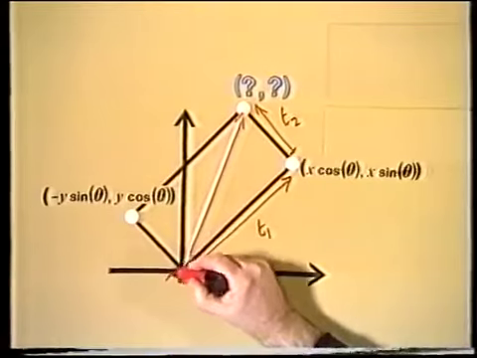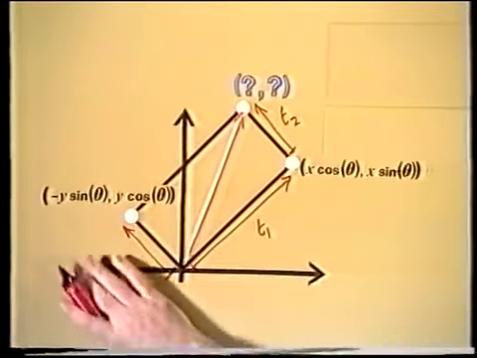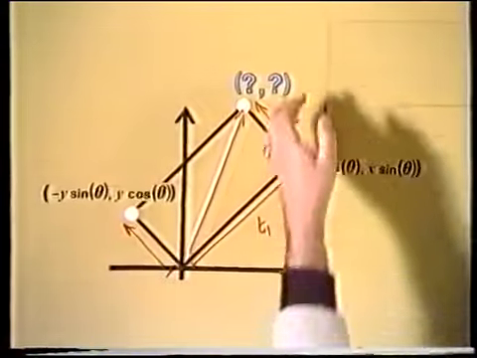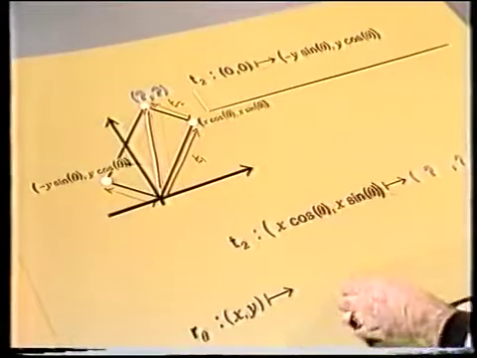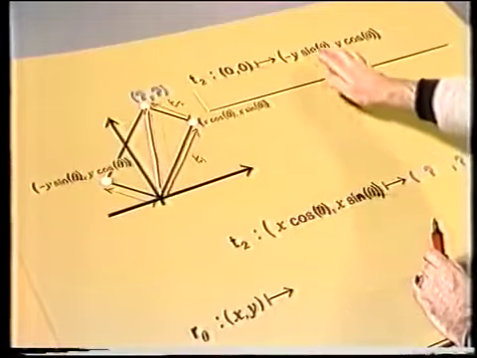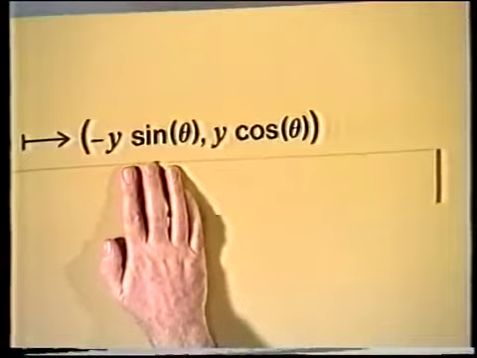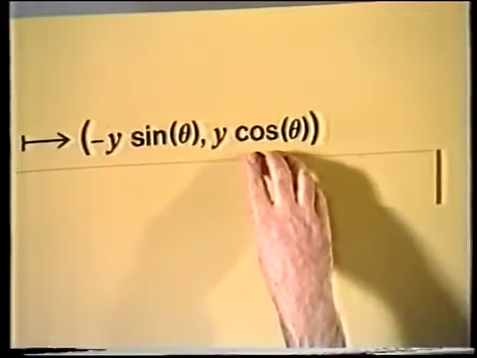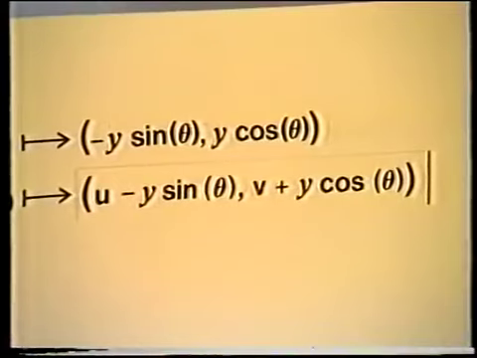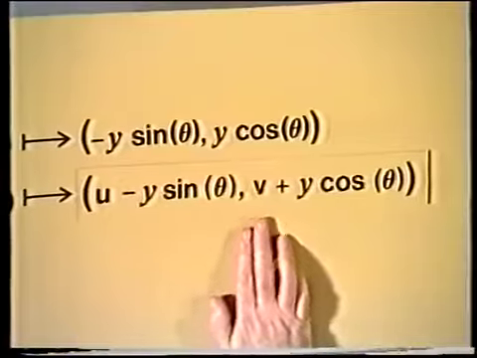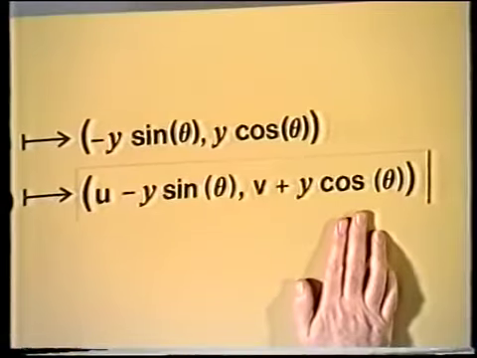It's the translation that takes the origin out to the point (minus y sine theta, y cos theta). Now, to find the image of a general point under the translation T2, we'll have to add minus y sine theta to its first coordinate and y cos theta to its second coordinate. So, for the point (u, v), it gets mapped to (u minus y sine theta, v plus y cos theta).